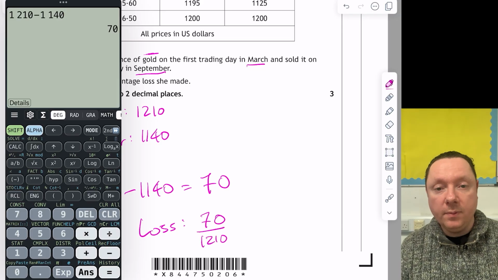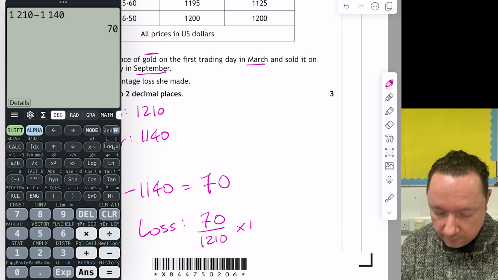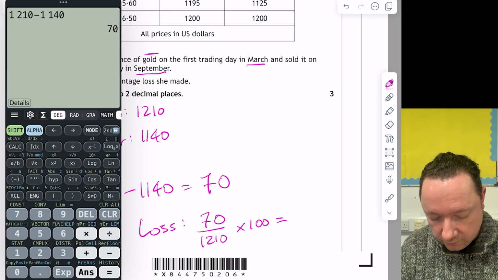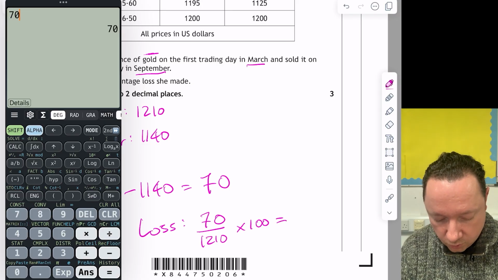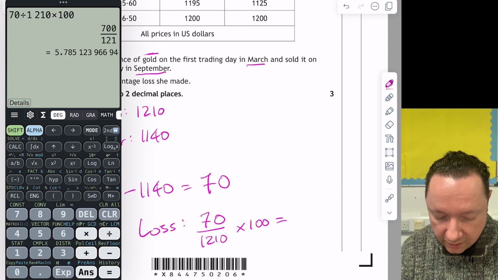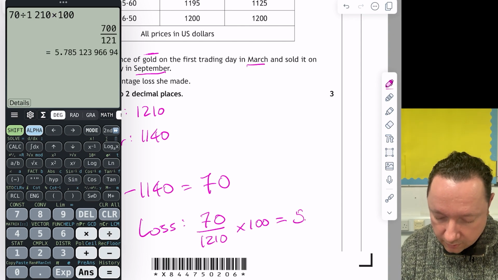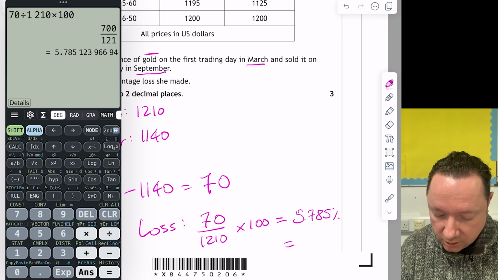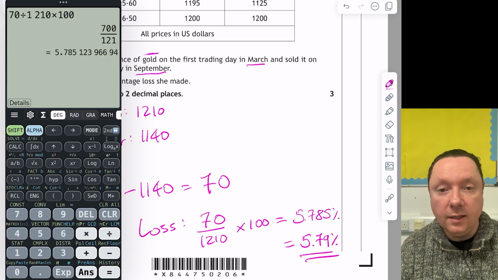But to change that to a percent, we times it by 100. So in a calculator, that is 70 out of 12.10 times 100, 5.785%, or to 2 decimal places like I asked you to, 5.79%, and we're done there.